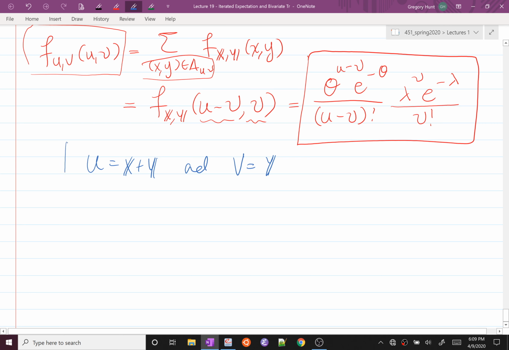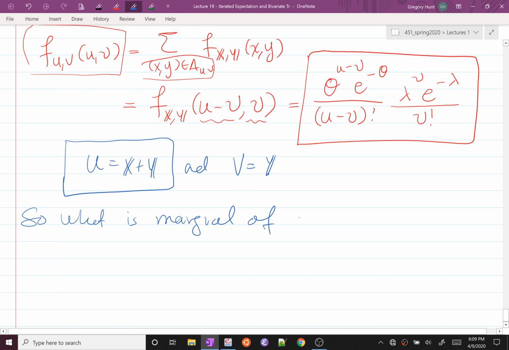If I want to get the distribution of x plus y, all I have to do is get the marginal distribution of u. So the question is, what is the marginal of u? If I get the marginal of u, then I basically have derived what the sum of two Poisson random variables is.